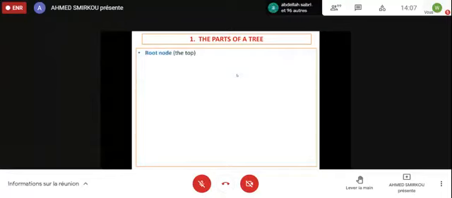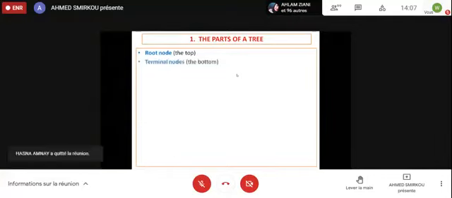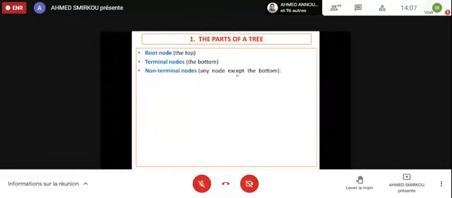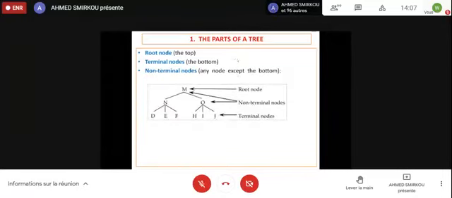Now, more technical terms. We have the root node: the top one, the mother of everything, is called the root node. Terminal nodes are the bottom nodes, and non-terminal nodes are any node except the bottom. Terminal nodes are the lexical categories, or parts of speech, the nodes that don't have any branch below them.